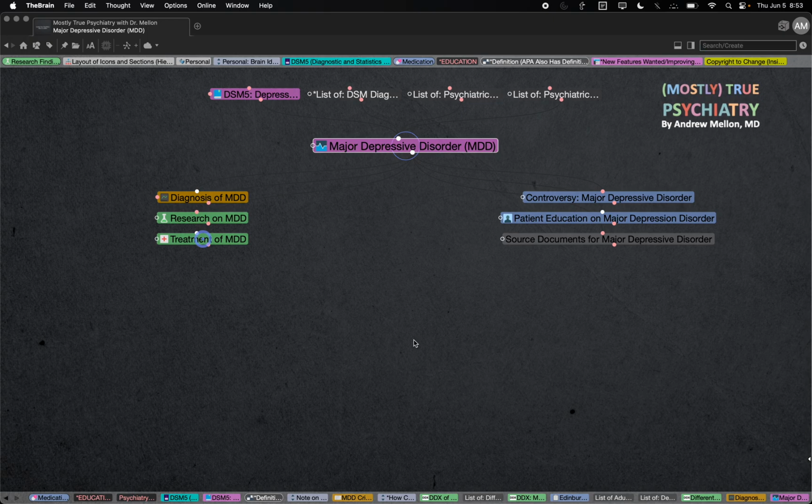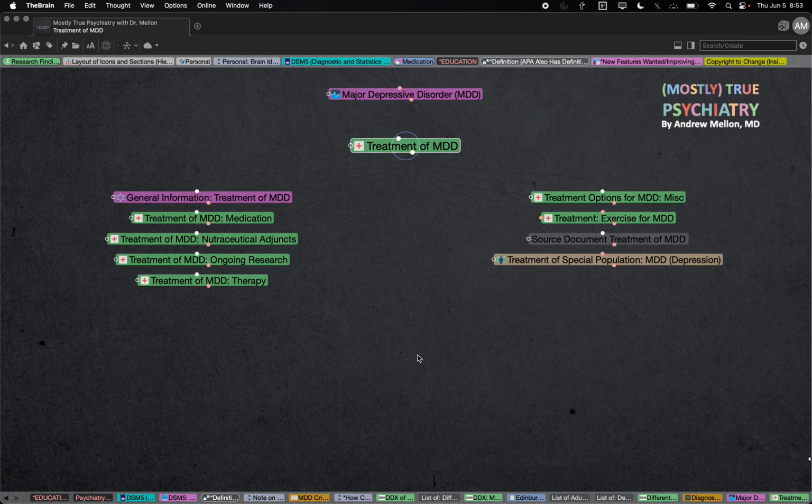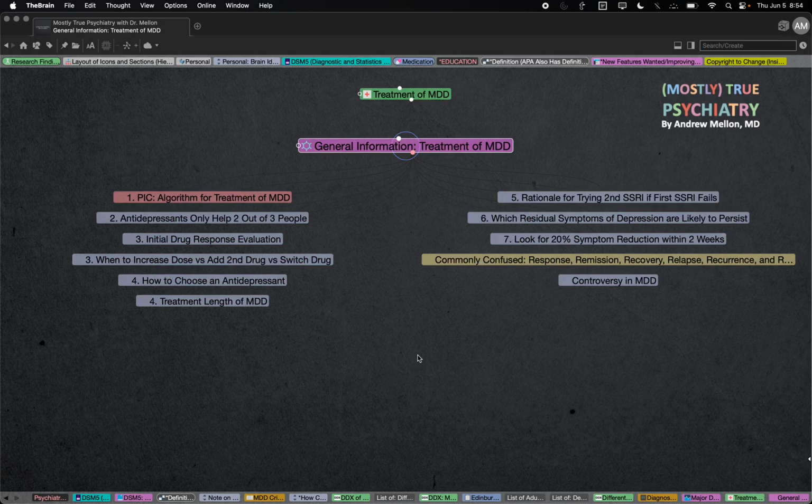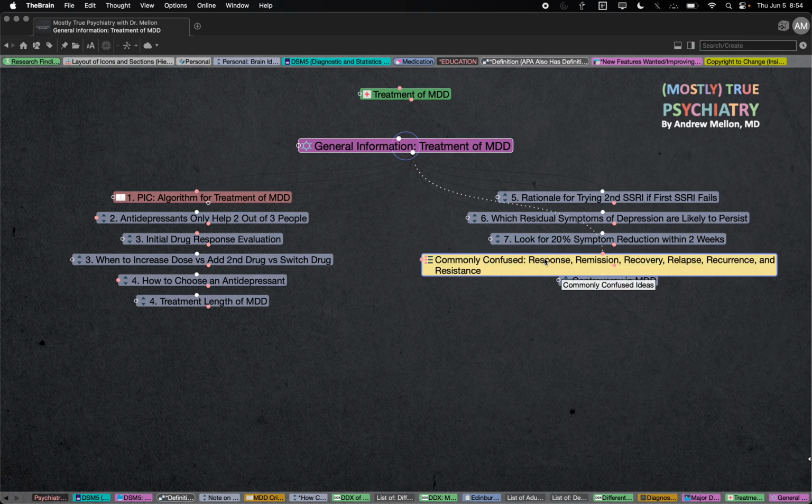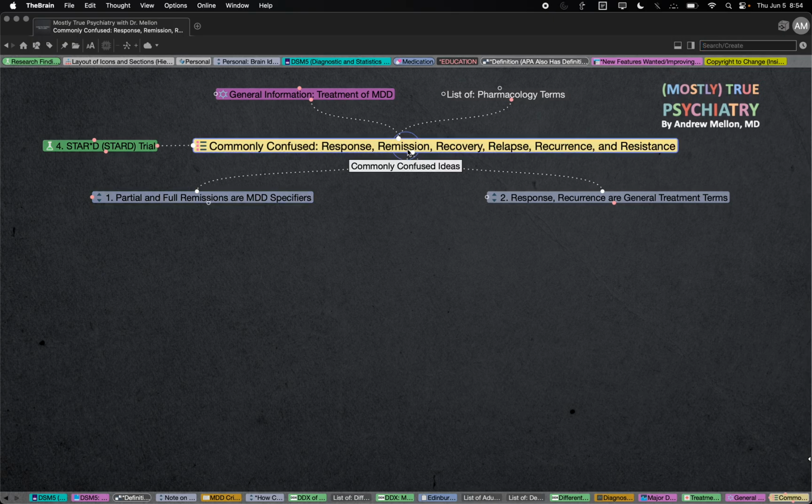On all the topics for diagnoses, I'm always going to have the specific diagnostic criteria, treatment issues, research when it's related, patient education, source documents, things of that nature. So if we're talking about treatments for depression with a resident who is a little newer, or not thinking about it the way they should for outpatient, they need to be thinking in terms like response, remission, recovery, relapse, recurrence, resistance.